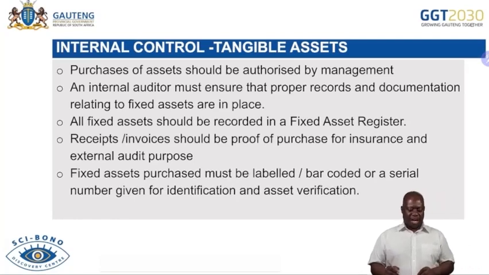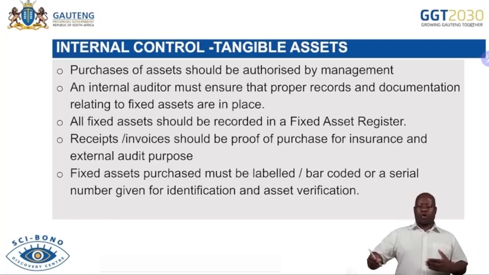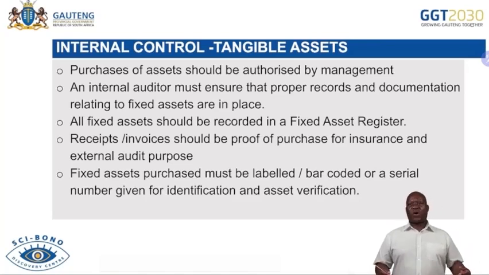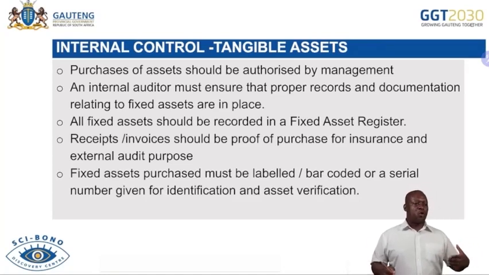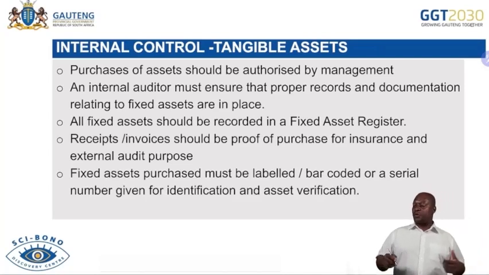Fixed assets purchased must be labeled or barcoded, or a serial number should be given for identification purposes or for asset verification, even for chairs, even sometimes for utensils. Some computers have got serial numbers.